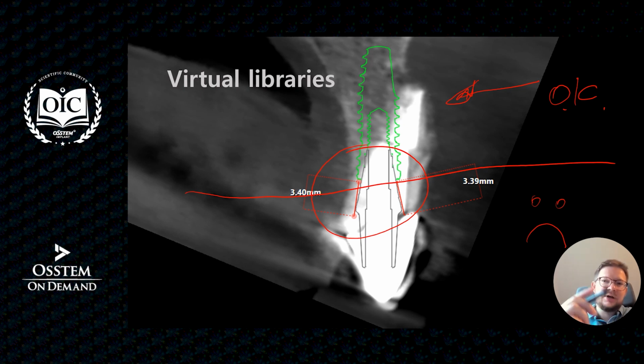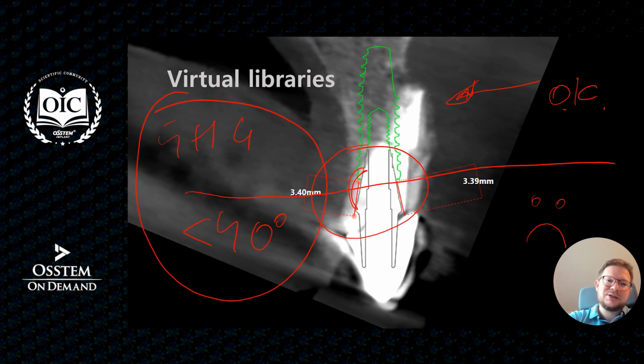To sum it up, we need to have a gingival height of at least 4 mm, and then the abutment angle here should be less than 40 degrees. And this is quite simple, and with digital planning we should include those specifications, those features, in our planning.